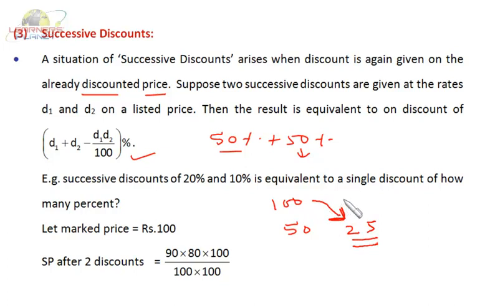Or sometimes what happens if you go to any mega brand, maybe Pantaloons, maybe Shoppers Stop or somewhere else, if you are a card holder of these particular malls or brands, then you get some extra discount from the normal. Suppose a shirt is carrying a price of 2000 rupees.